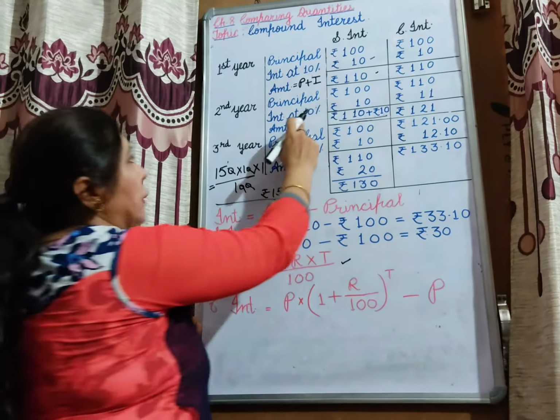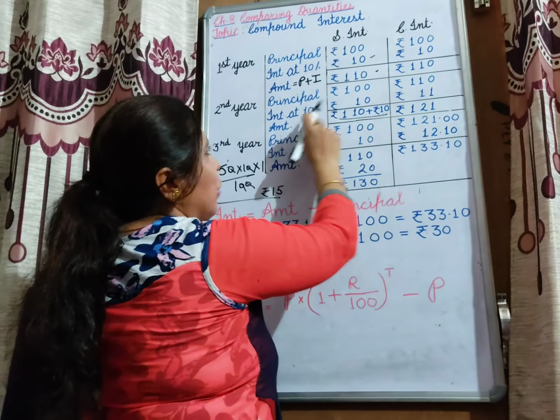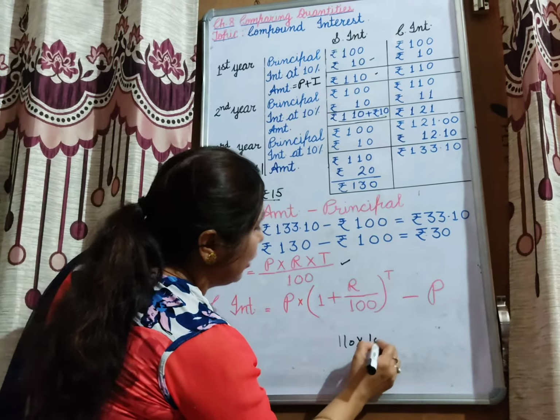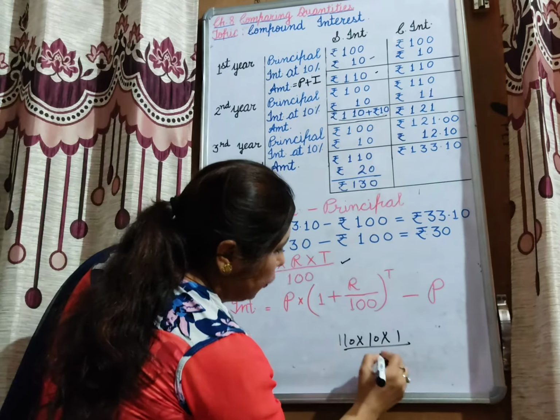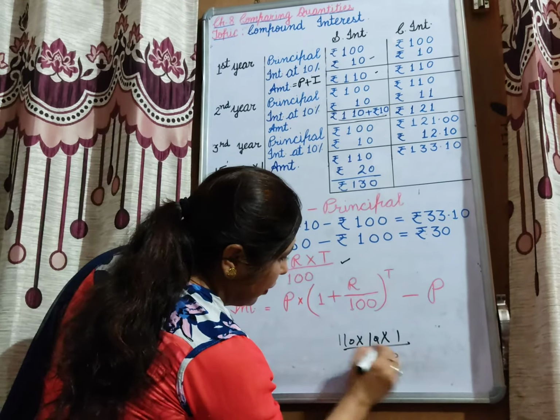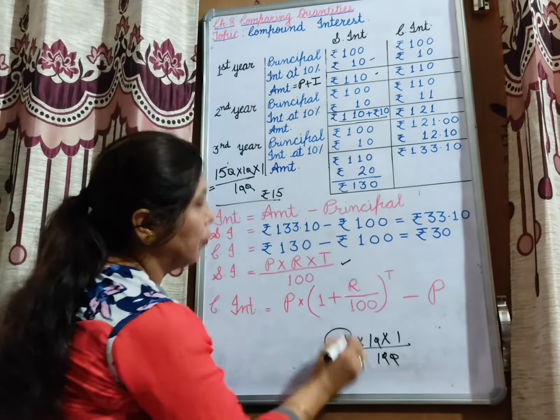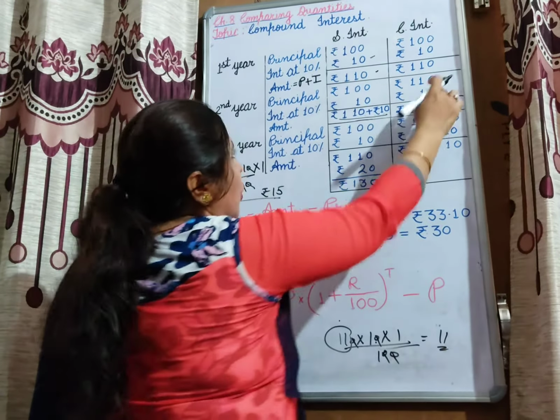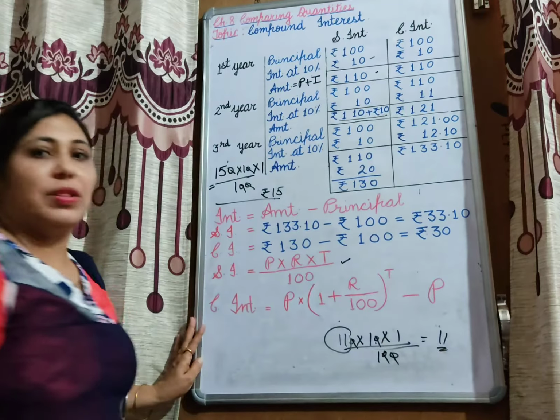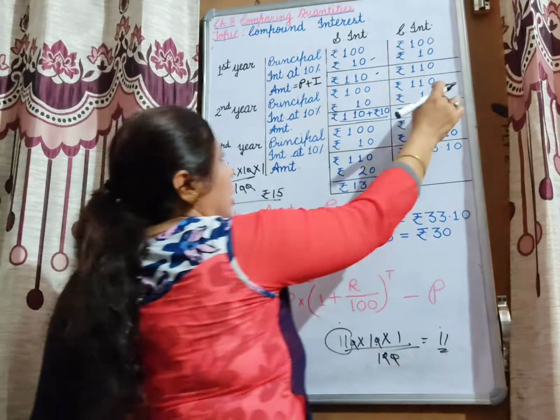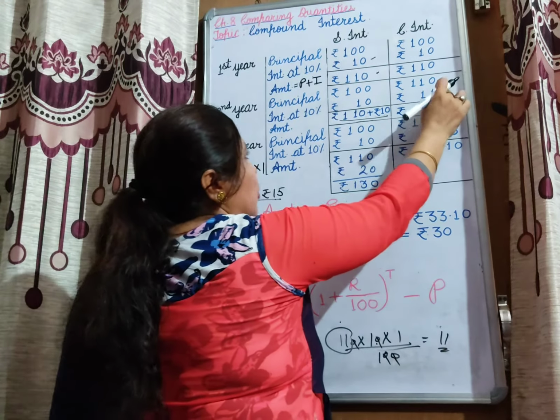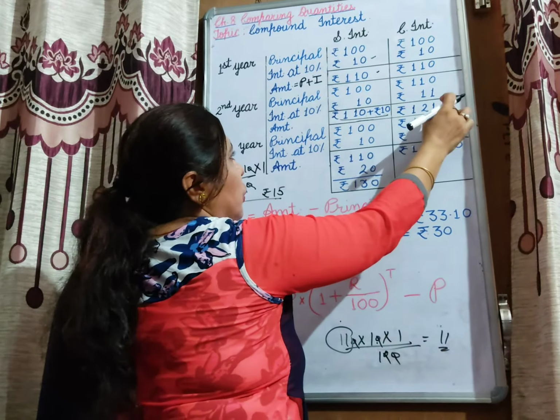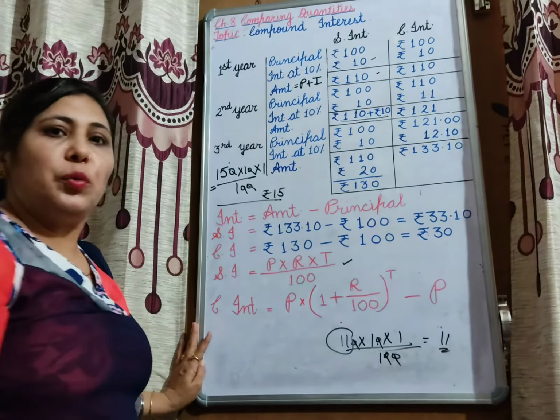Now what will be the interest? At the rate 10%, 110 into 10% into 1, you will get 11 rupees. So what will be the interest for the second year in compound interest? That is rupees 11. So what will be the amount? You will get rupees 121.